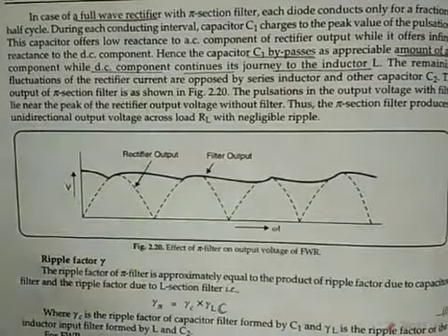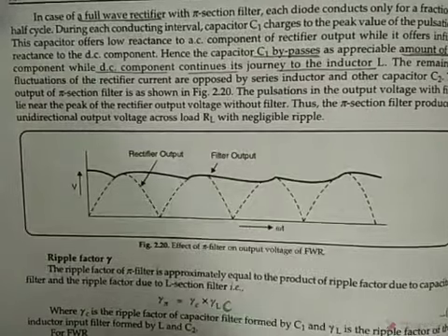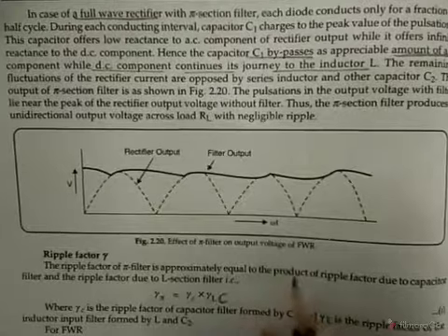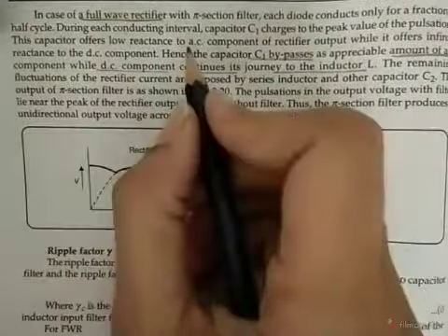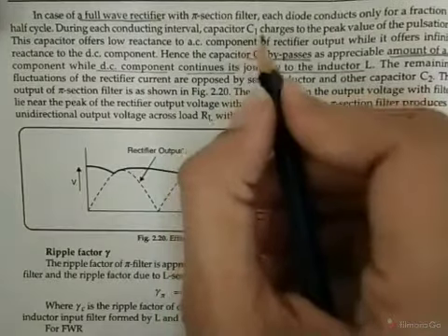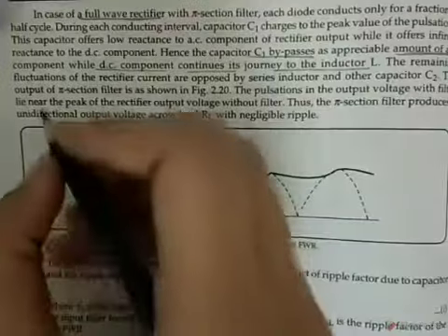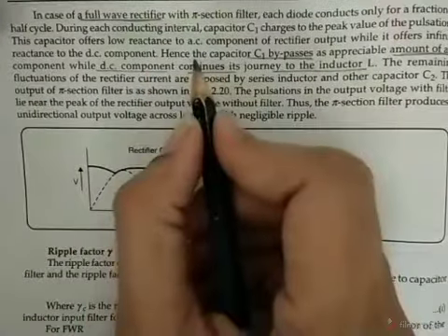In the pi filter we are considering the case of a full wave rectifier, because each diode conducts for a fraction of a half cycle only. During each conducting interval, the capacitor C1 is charged to the peak value of the pulsation, and these capacitors offer low reactance to the AC component.